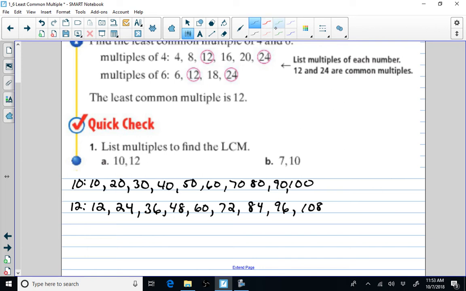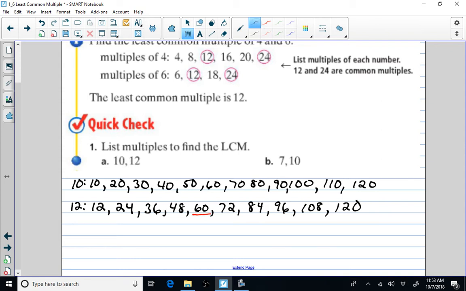Let's underline common multiples first. Here's my first common multiple, 60. If I would have continued, we have 110, 120. 10 times 12 would be 120.